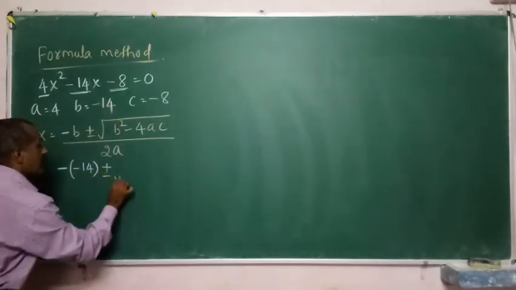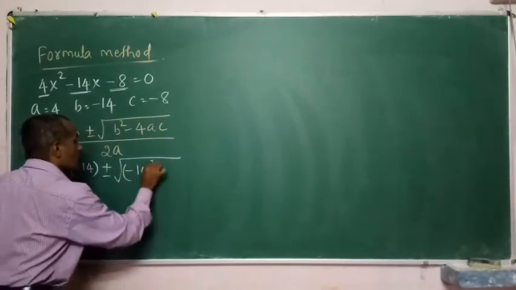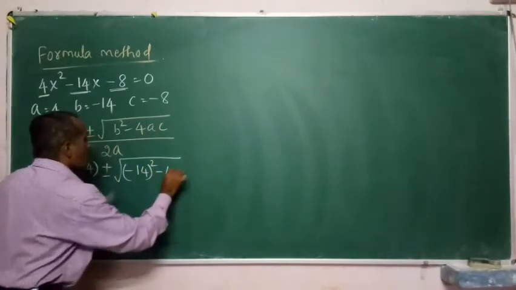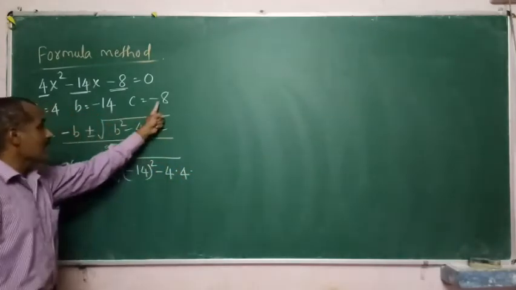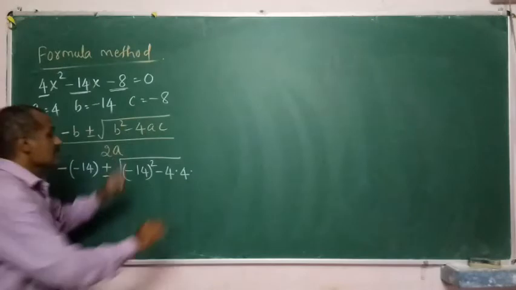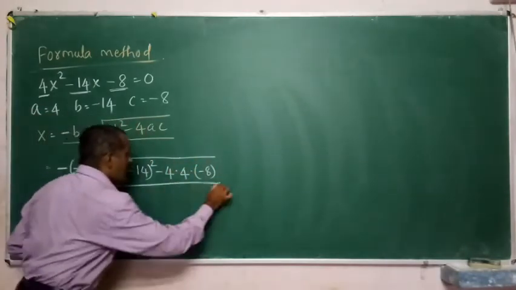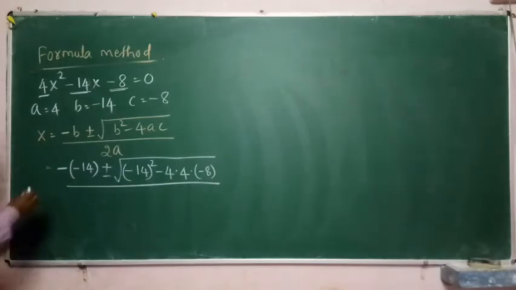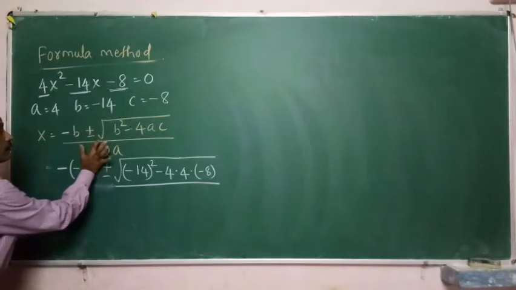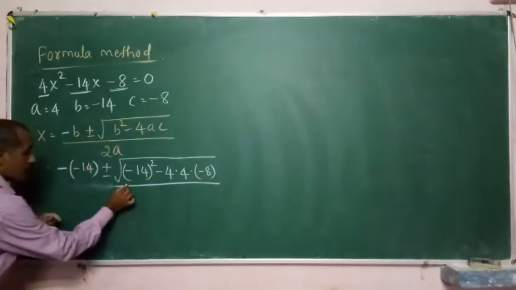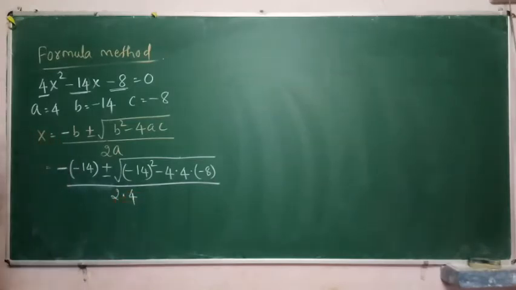Plus or minus under root b square, minus 14 the whole square, minus 4 into a, a is equal to 4, into c, c is equal to minus 8. Whole divided by... listen here, this is not divided from here. Whole divided by 2a, 2 into 4.